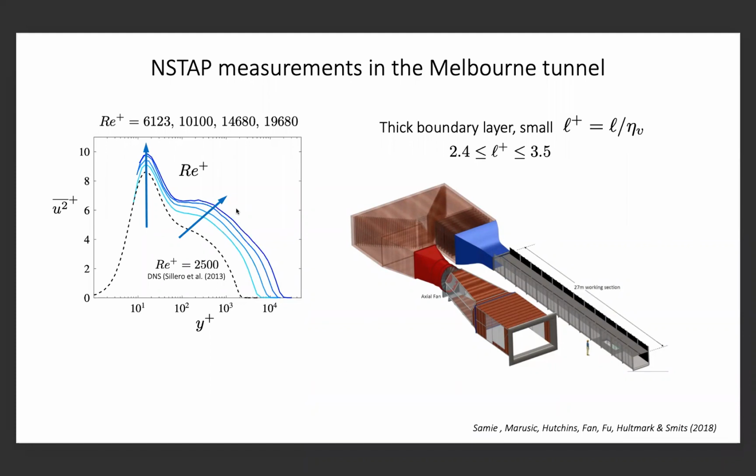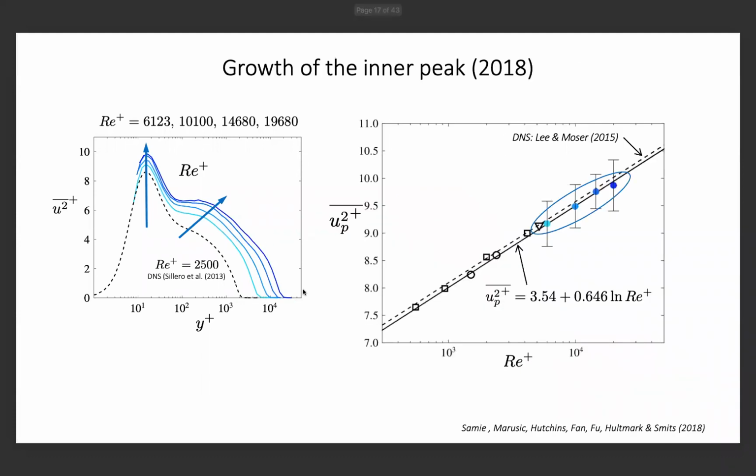But the Reynolds numbers are not really high enough to show that peak more emphatically. So now we can plot the NSTAP results in the Melbourne wind tunnel on this plot of the peak value versus the Reynolds number.